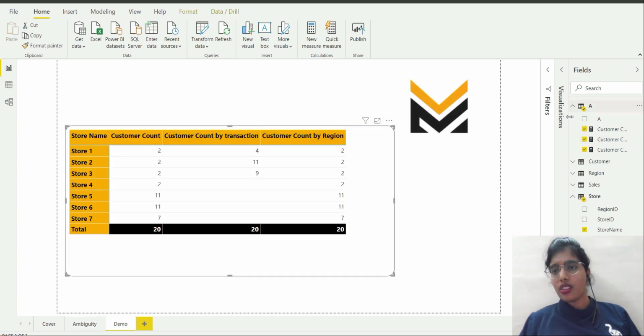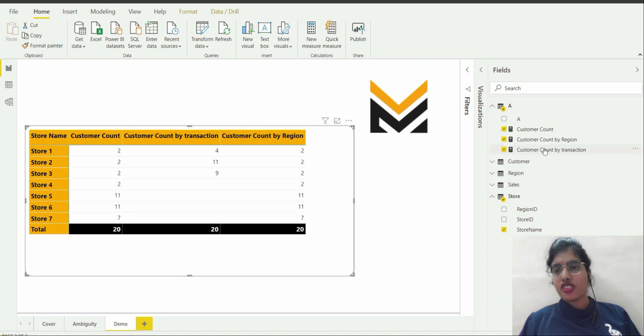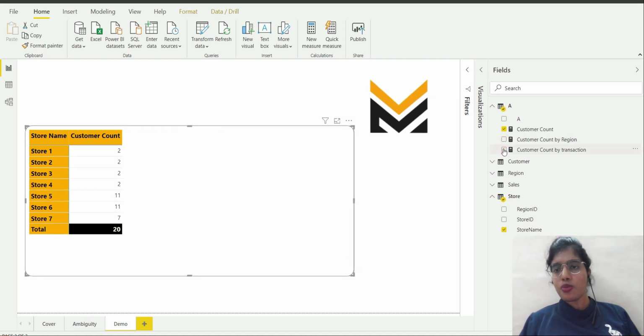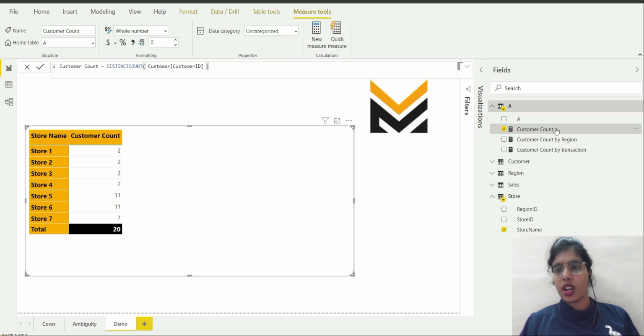Over here, I'll remove these two measures from here, and first of all I'll show the formula of this particular measure, customer count. The formula of this measure is distinct count of customer ID.